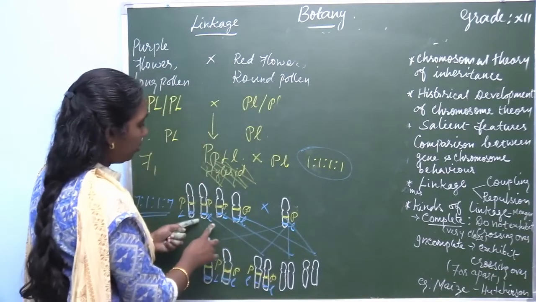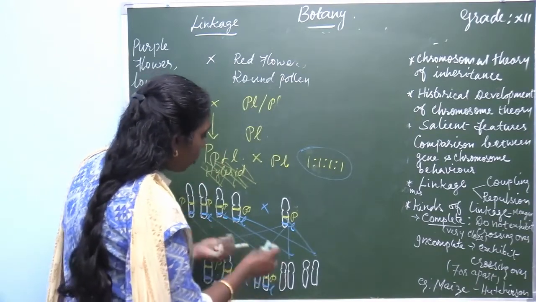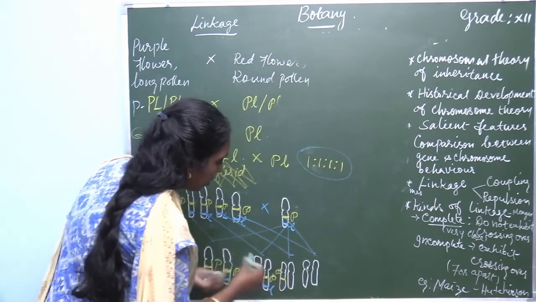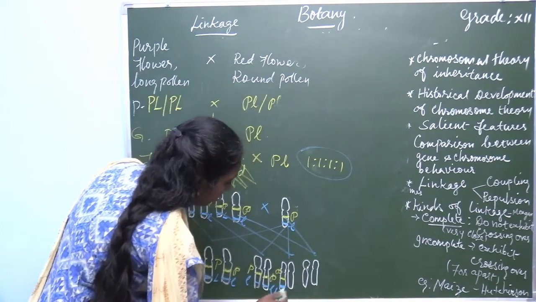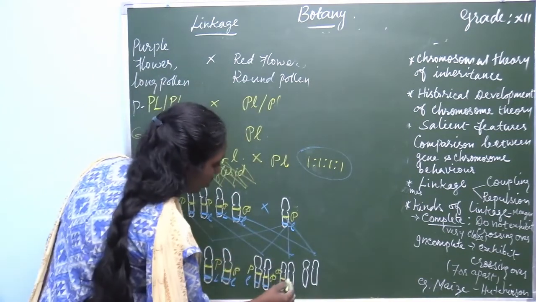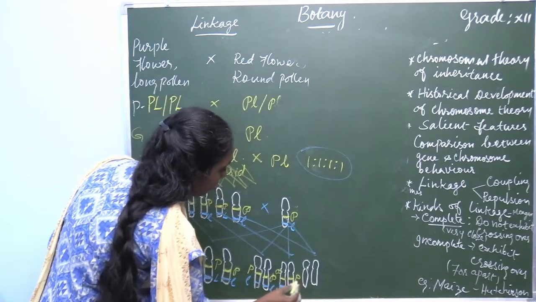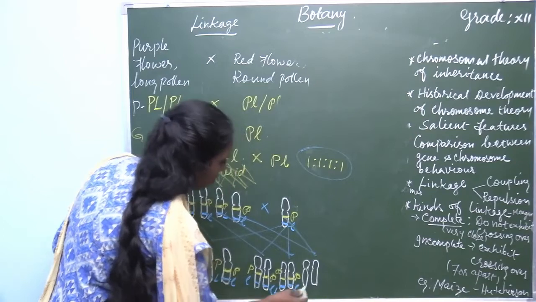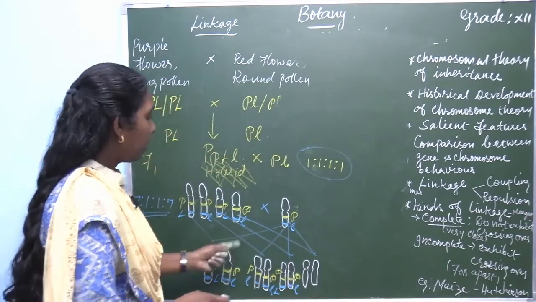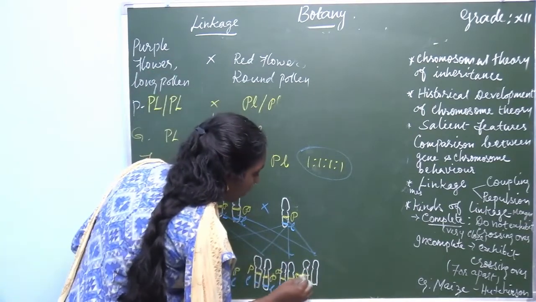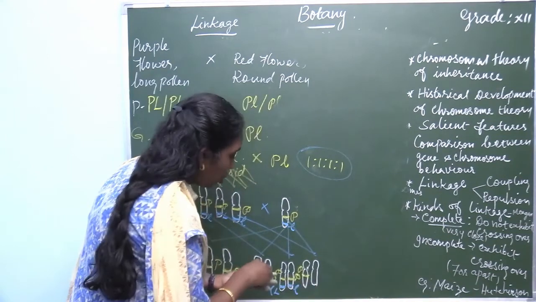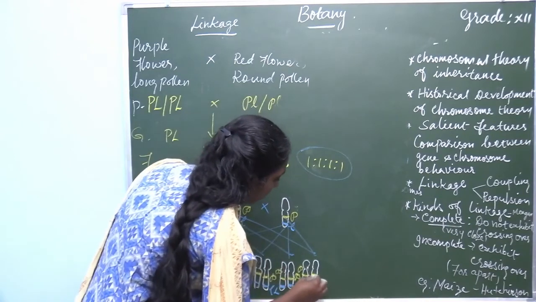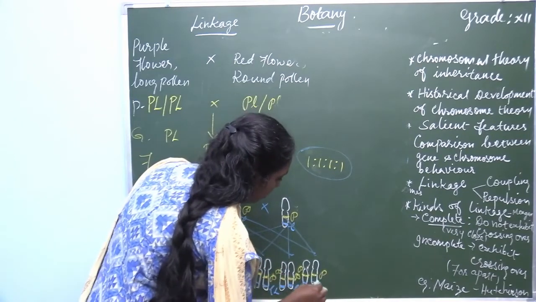And here small p capital L, small p capital L, and small p small l. Then the last one gives small p small l, small p small l.